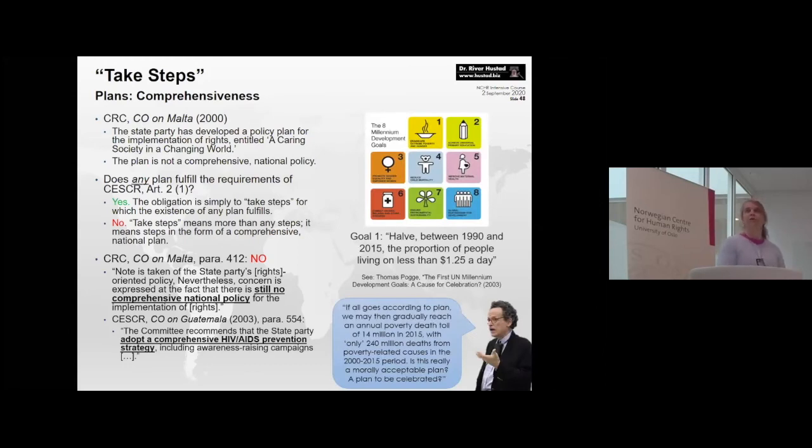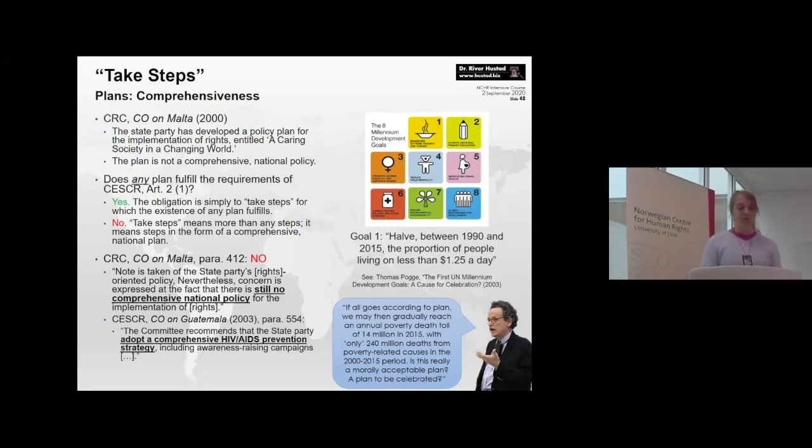And you could look at the Millennium Development Goals that came before the Sustainable Development Goals, and they would not pass this test. The MDGs, the goal was only to halve the proportion of people living in poverty.